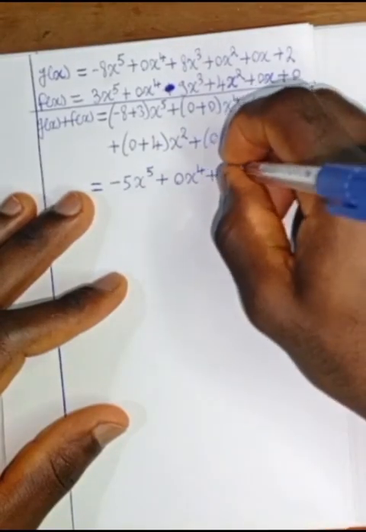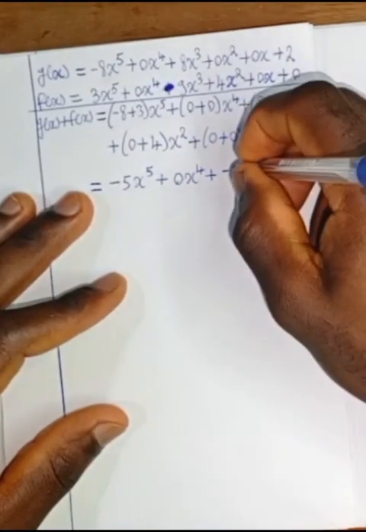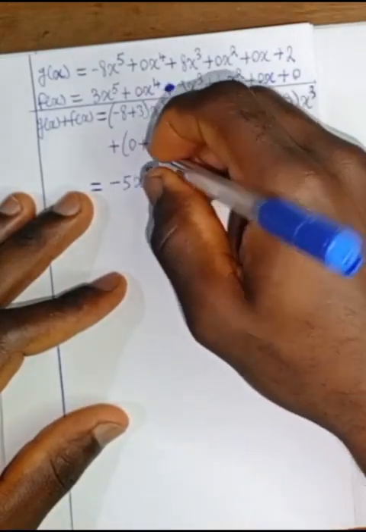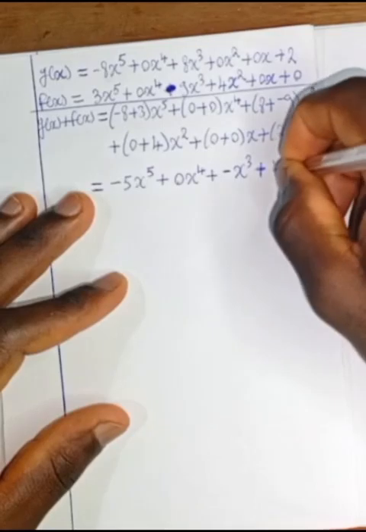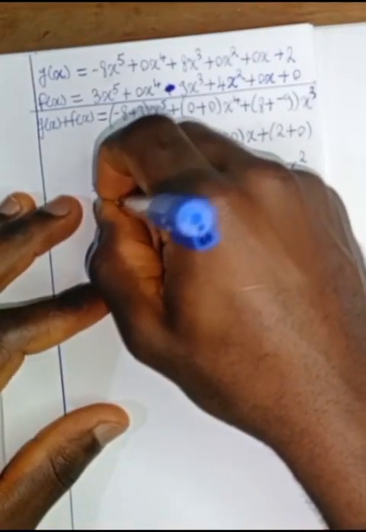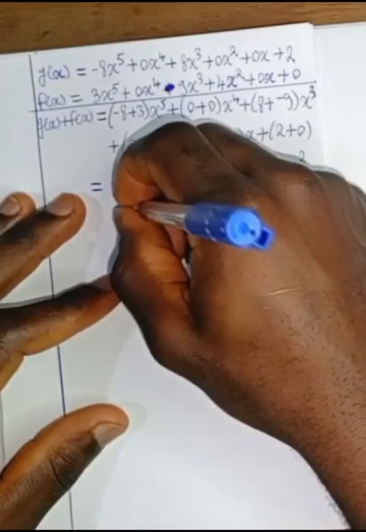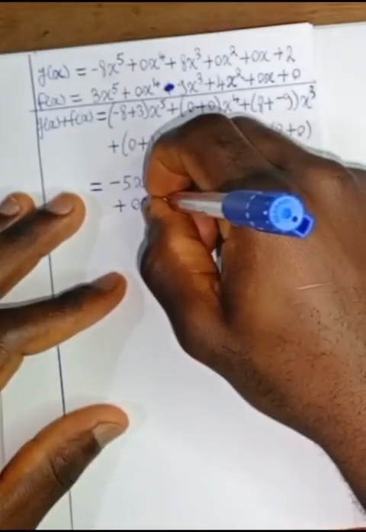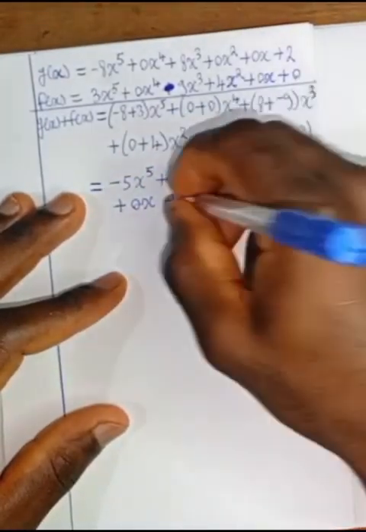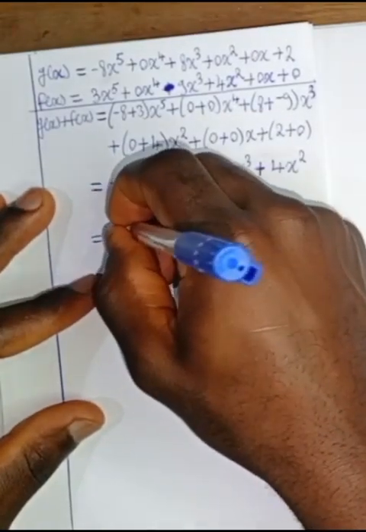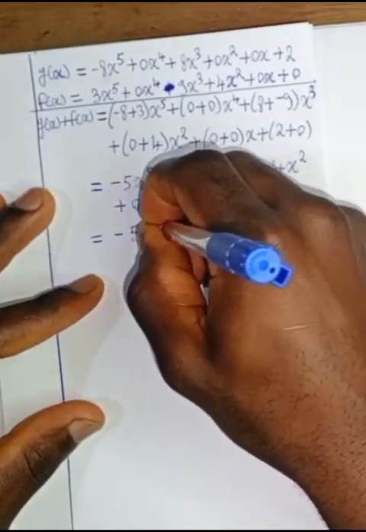Negative 1 times x cubed gives negative x cubed, plus 0 plus 4 gives 4 times x squared, plus 0 plus 0 gives us 0 times x, plus 2 plus 0 gives us 2.